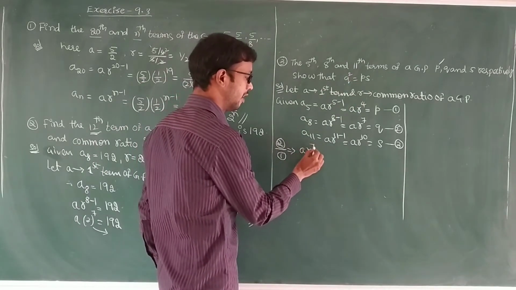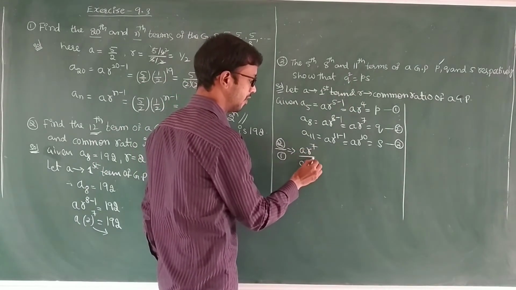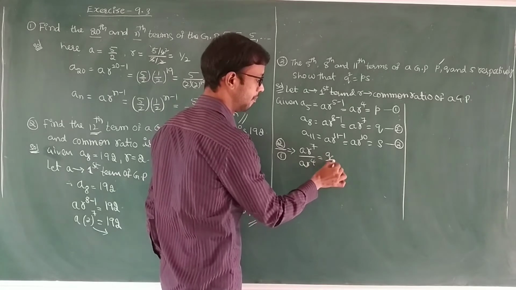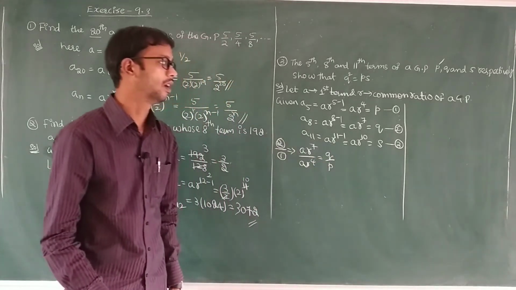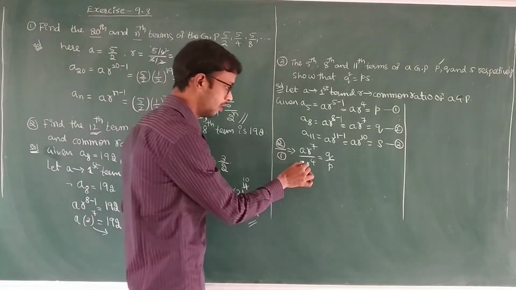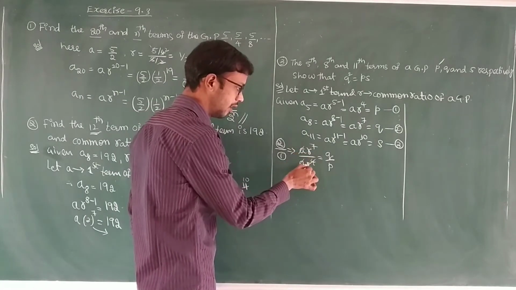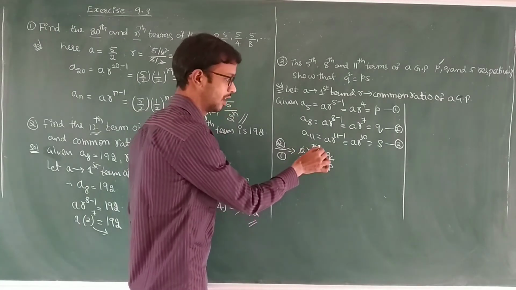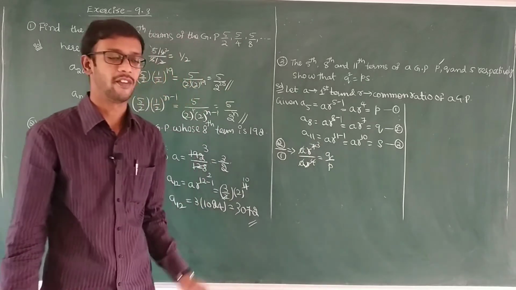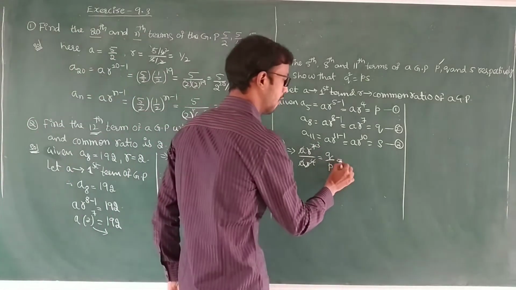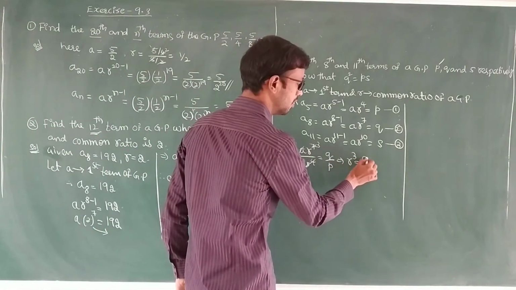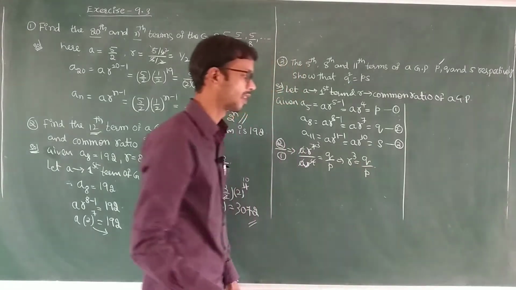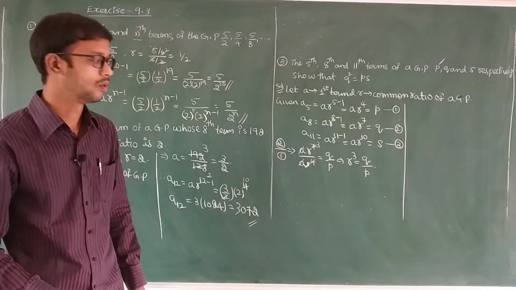AR power 7 by AR power 4 is equal to Q by P. So now A and A get cancelled. Power 4 cancel, remaining will be 3, 7 minus 4. Here R cube is equal to how much you get? Q by P.